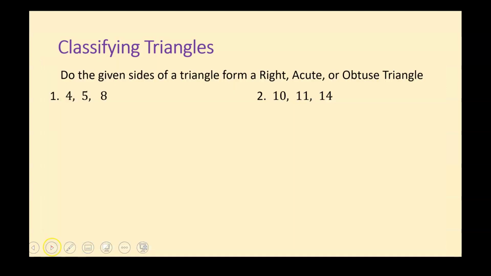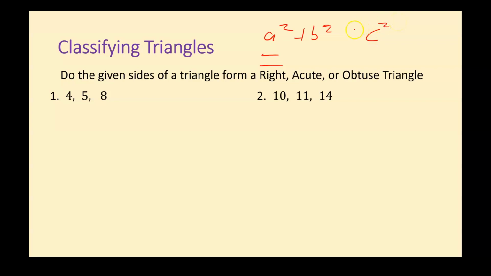Okay. So let's take a look. Do these sides of a triangle form a right triangle, which would be equal, an acute triangle, or an obtuse triangle? So we're looking at a squared plus b squared and c squared.